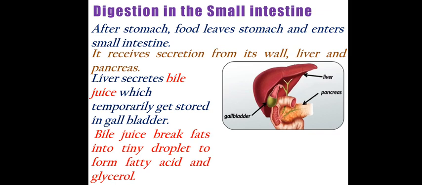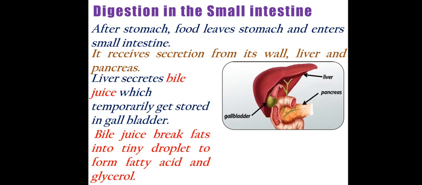Now what are the function of these juices? So liver going to release bile juice, as written over here. It is going to release bile juice, which is going to be stored inside the gallbladder. So this is gallbladder like structure, as you can see, bulb like structure. So this is going to store bile juice for a temporary purpose, and this bile juice will be released into this particular intestine.